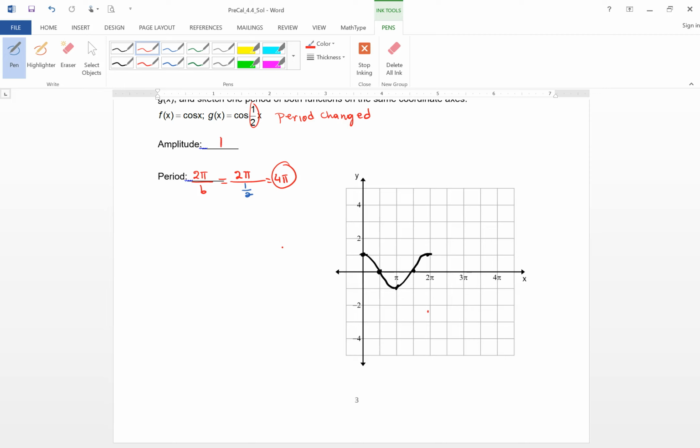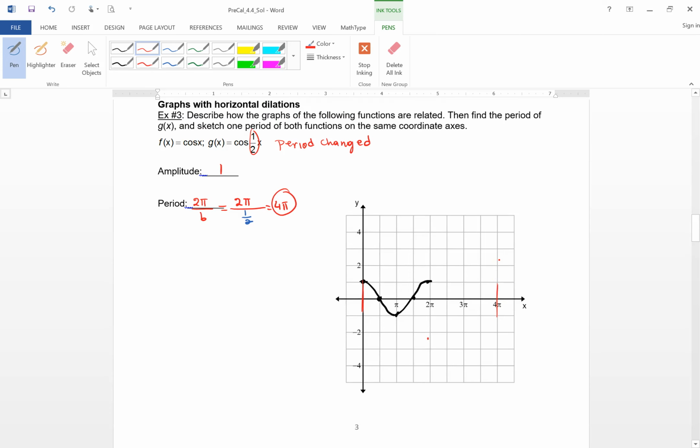So that means we're going to start here and go to 4 pi. So what you want to do always is this. Take the bx term and set up this inequality: 0 less than or equal to half x less than or equal to 2 pi. Okay, 0 to 2 pi, because that's what the period is.